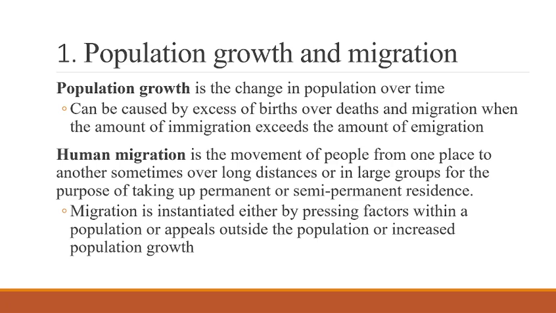Human migration is the movement of people from one place to another, sometimes over long distances or in large groups, for the purpose of taking up permanent or semi-permanent residence. This is driven either by pressing factors within a population or appeals outside the population, or increased population growth.